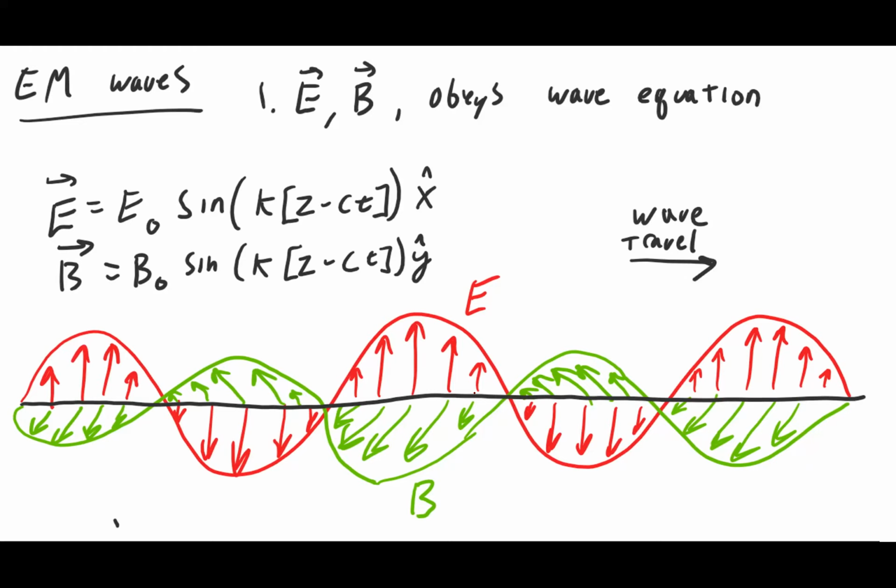We're going to look at periodic waves because that's the one we're most familiar with and the one we interact with the most. So the way I would think about a periodic wave is a function of position and time, and I've got a z minus ct, where c is going to be the speed of my wave. In terms of amplitude, I'm going to write the amplitude of the electric wave and the amplitude of the magnetic wave.